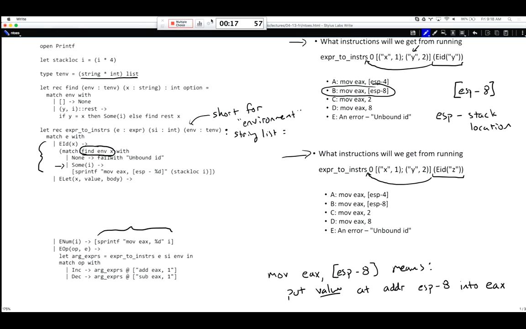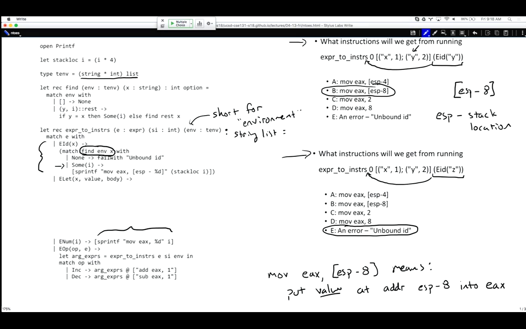Five, 4, 3, 2, 1.5, 1, 1/3. Okay, cool. All right. Yeah, so this produces an unbound identifier error where we're talking about this variable z. Z is not in the list that represents our environment, so it's an unbound identifier.